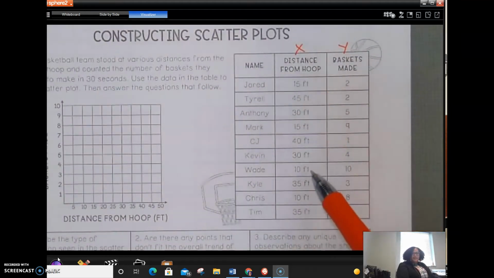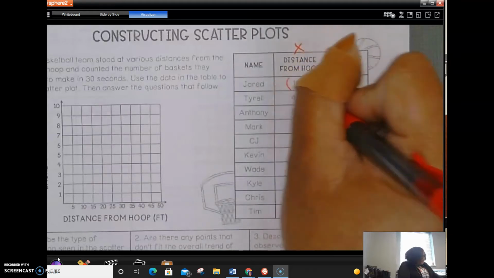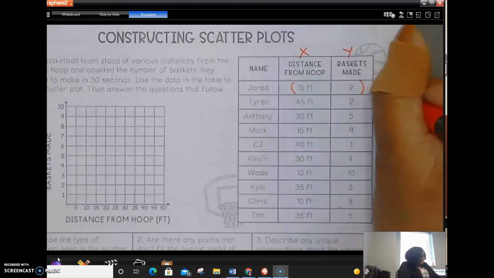So like I said, this column is X, this column is Y, and these are coordinate points, okay, coordinate pairs.